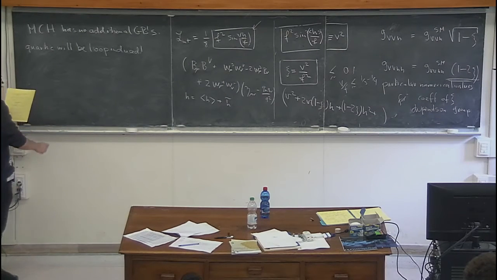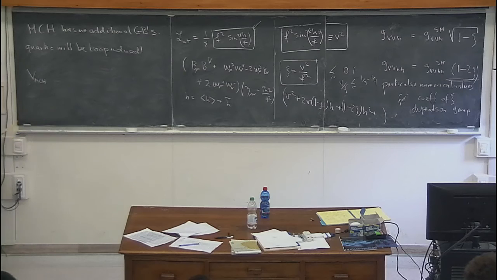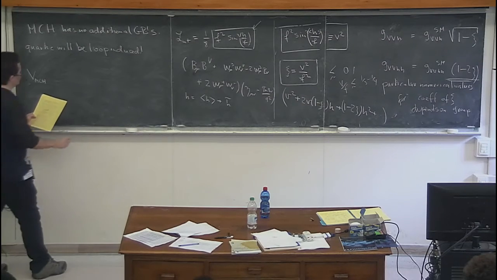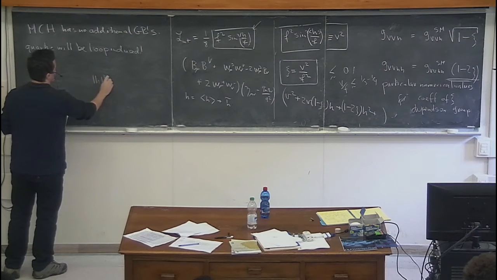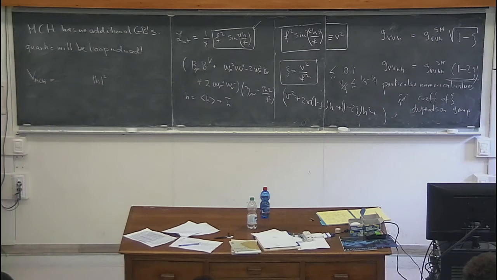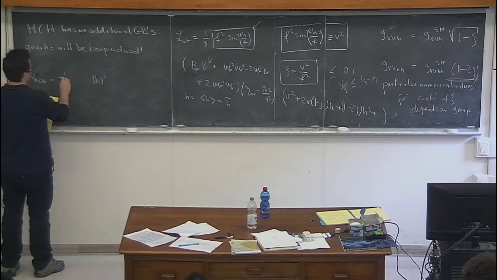So the expected structure of the Higgs potential will be, well, there will be a quadratic term, just like for the case of the little Higgs models, induced at the loop level, minus 1 over 16 pi squared.